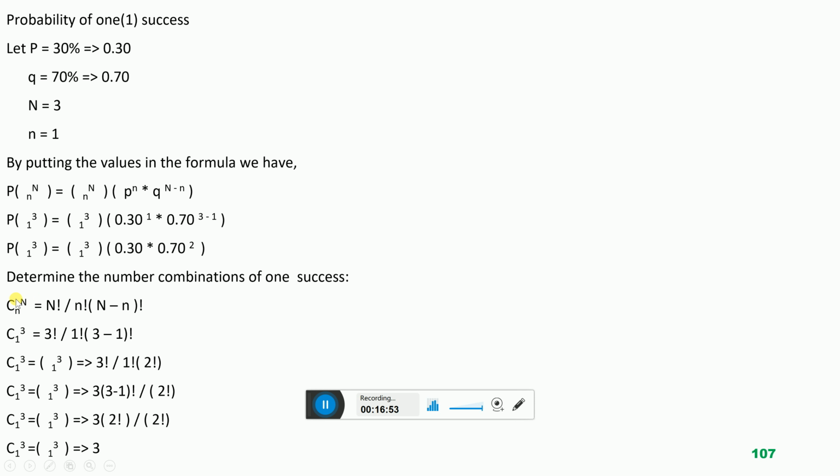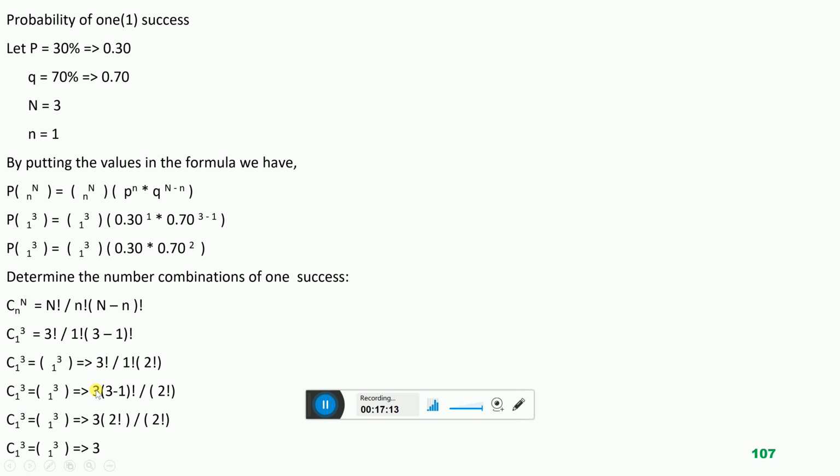We put for capital N its value 3, for small n its value 1, so 3 factorial divided by 1 factorial times (3 minus 1) whole factorial. C(3,1) is 3 factorial divided by 1 factorial and 2 factorial.